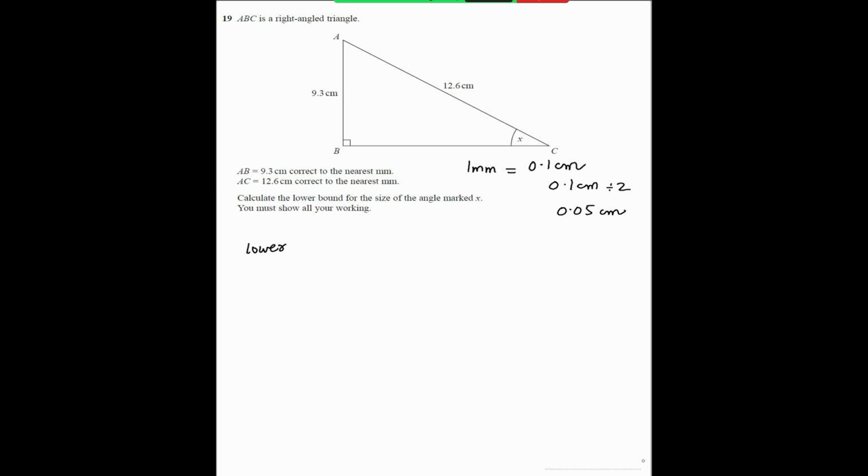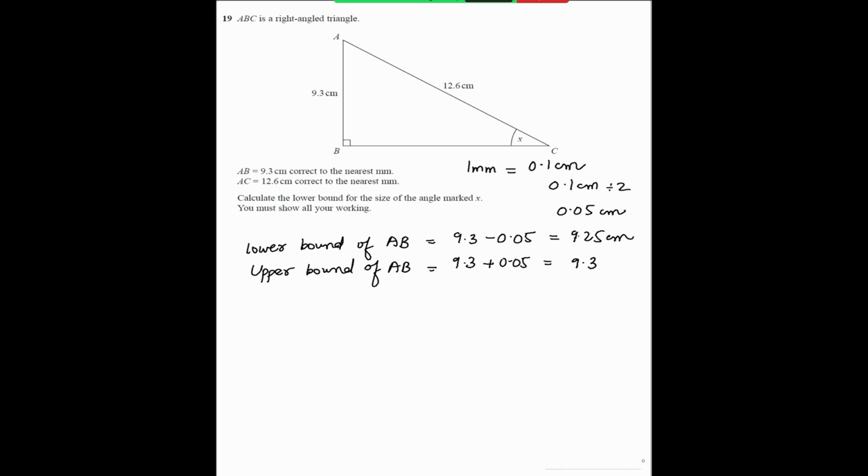Lower bound of AB equals 9.3 minus 0.05, which becomes 9.25 centimeter, and upper bound of AB equals 9.3 plus 0.05, that is going to be equal to 9.35 centimeter.